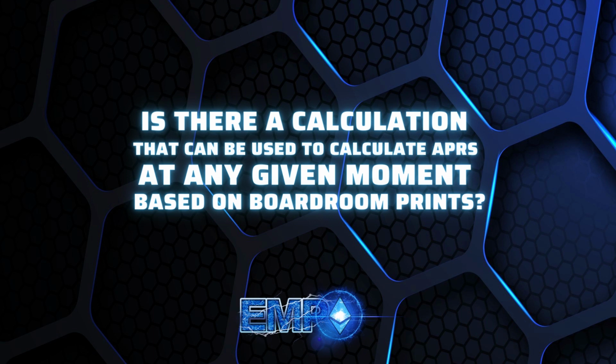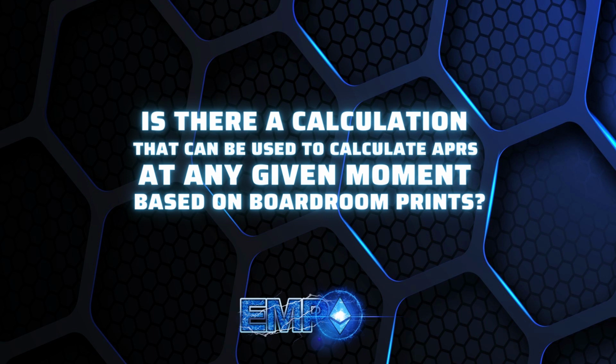Once that EMP comes into the boardroom, the value of EMP is the next variable. EMP could be valued at 50 cents, 49 cents, or 51 cents. So the next calculation is working out how much EMP is going to be emitted in the print, and then the value per EMP. Then you'll know the total dollar value of EMP emitted in the print.